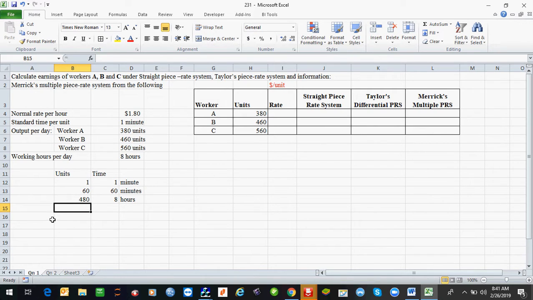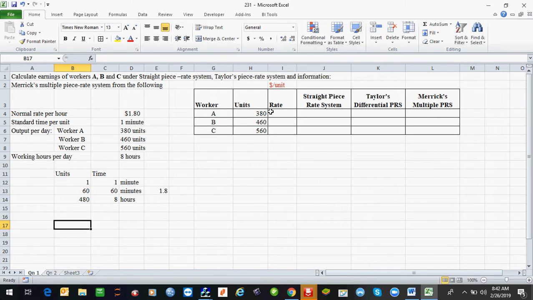So that is going to be our normal production, right? When we now want to calculate using straight piece rate, it's going to be 380 units times the rate, which is dollar per unit. Now we are given the rate, it's $1.80 per hour, which is dollars per 60 minutes. In 60 minutes we are producing 60 units.